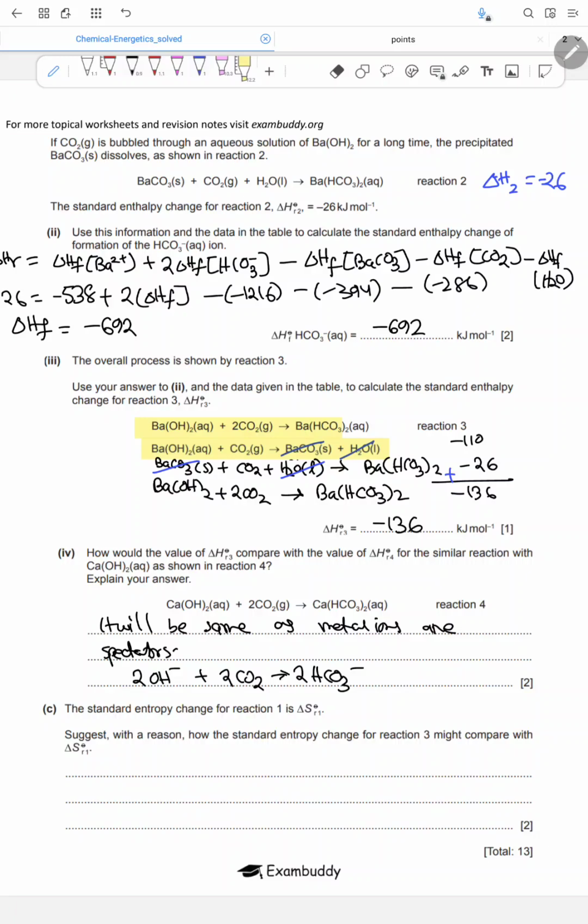Look, we have enthalpy change as enthalpy of products minus enthalpy of reactants. So in this equation we have a solid and liquid.